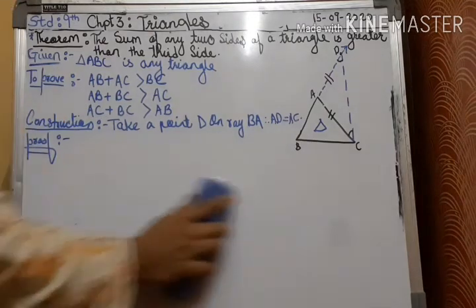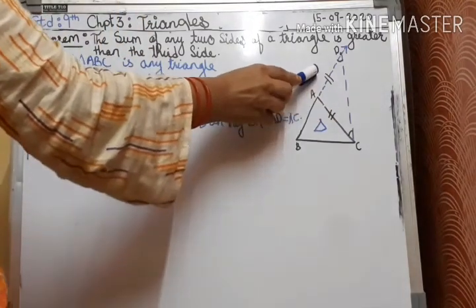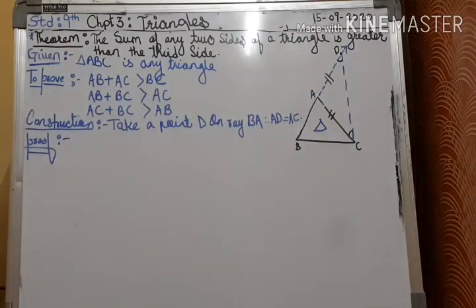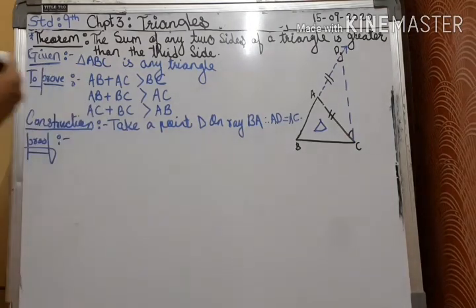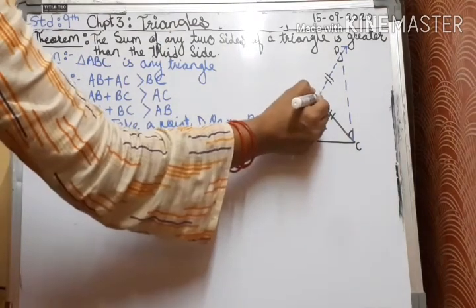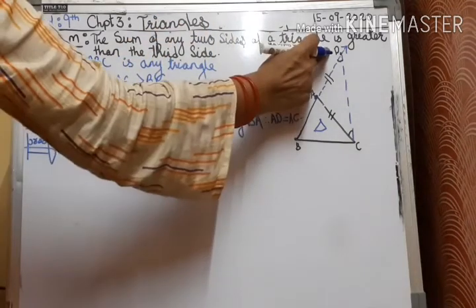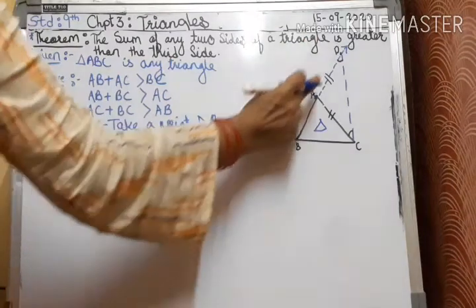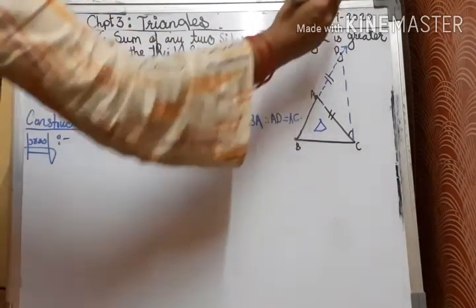See student, the dotted line always denotes the construction. So we will write, take a point D on ray BA. What is ray BA? Take any one point on ray BA. So we will take a point D on ray BA, outside the triangle.